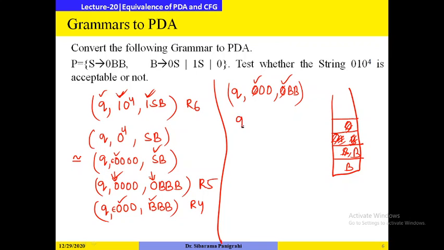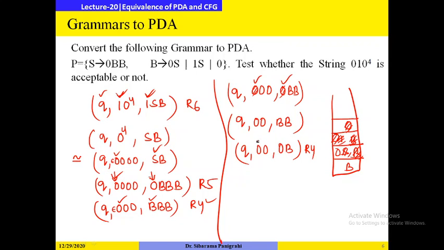So what will you have? Q00. Now again you can use rule number 4, so you will have Q00B, and you will replace the B with 0.